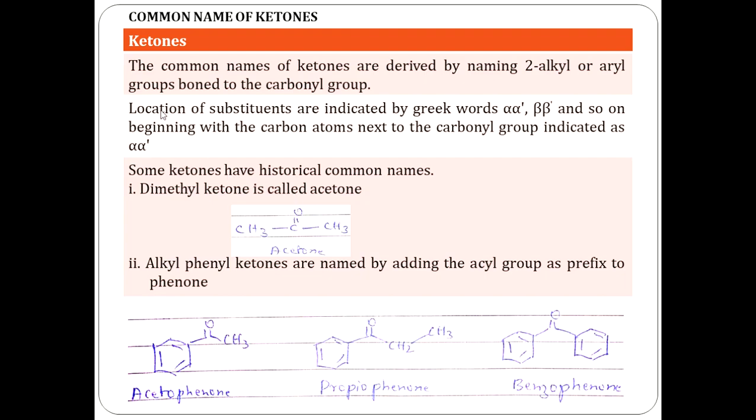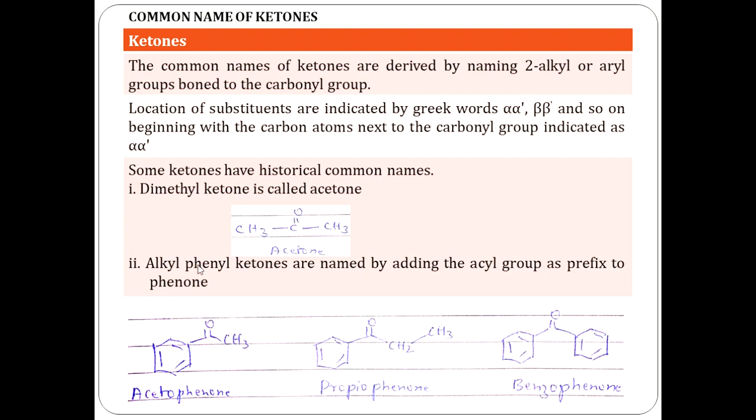Location of substituents is indicated by Greek letters alpha, alpha dash, beta, beta dash, and so on, beginning with the carbon atom next to the carbonyl group indicated as alpha, alpha dash. Some ketones have historical common names. For example, dimethyl ketone is called acetone.